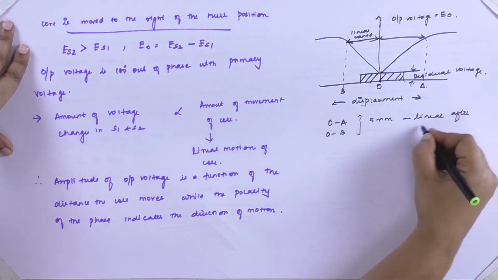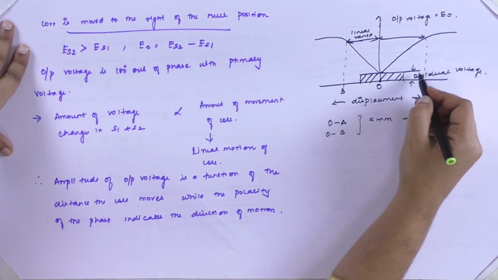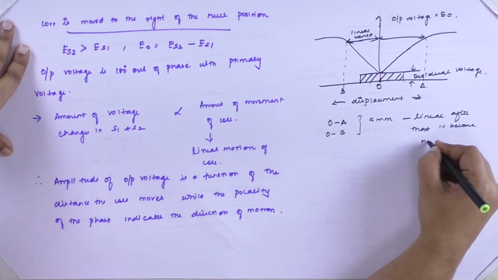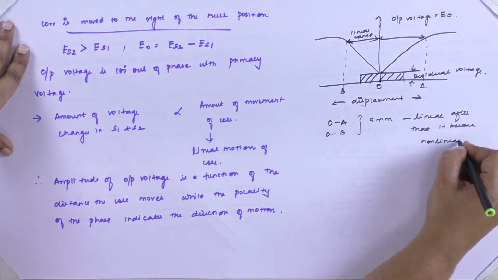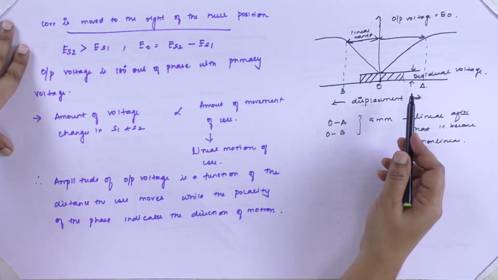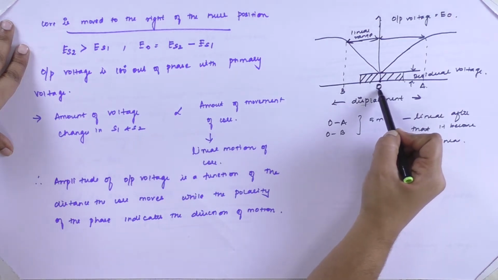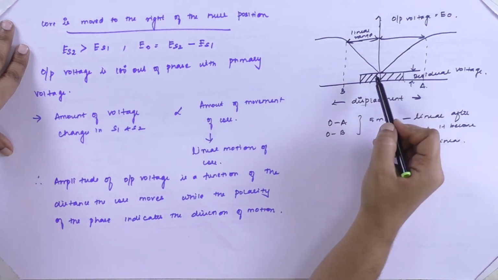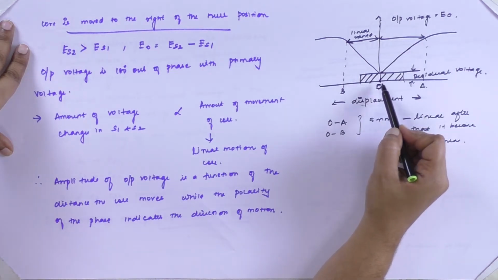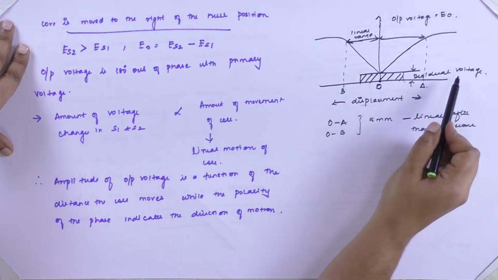After that it will become non-linear. Ideally, the output voltage at null position O will be 0, but practically there will be a small amount of voltage at null position. That voltage is called residual voltage.